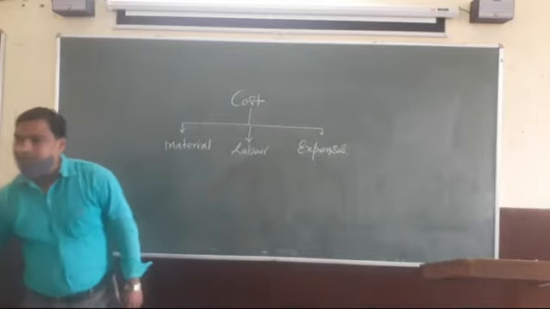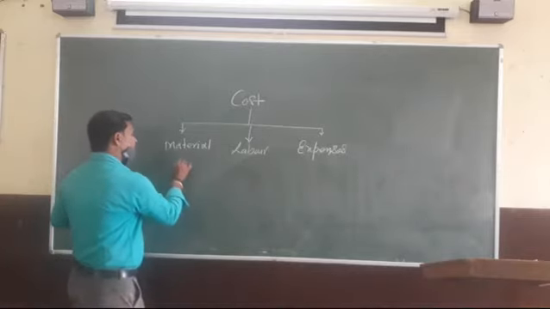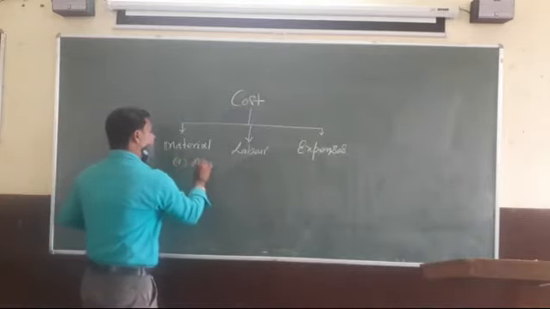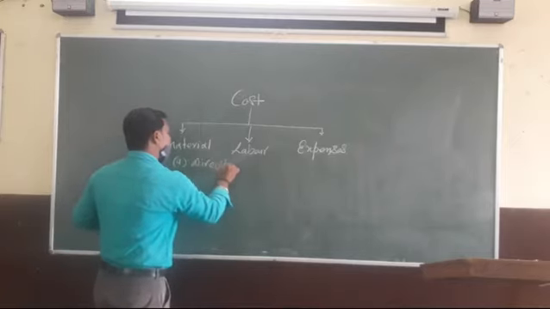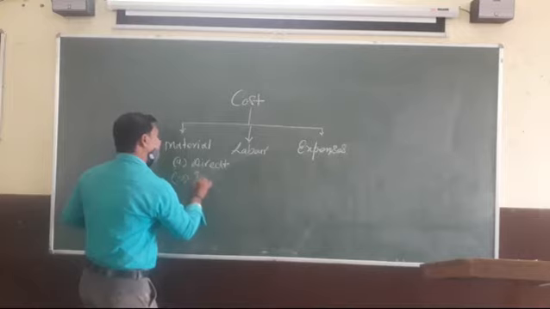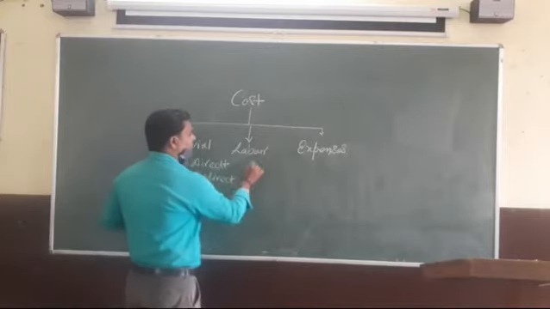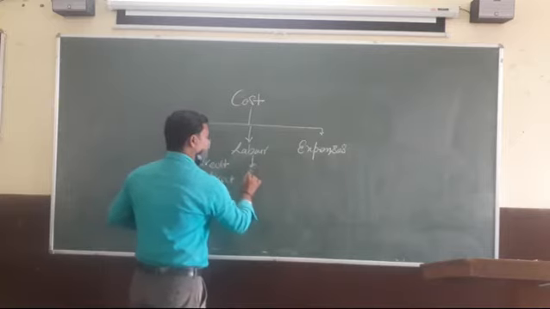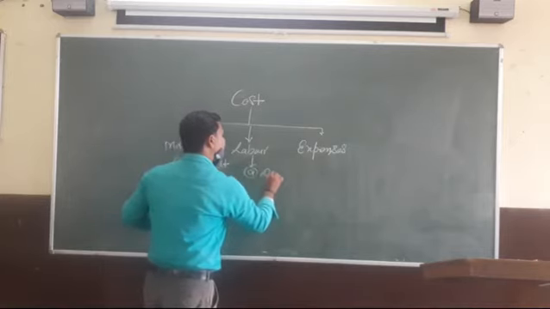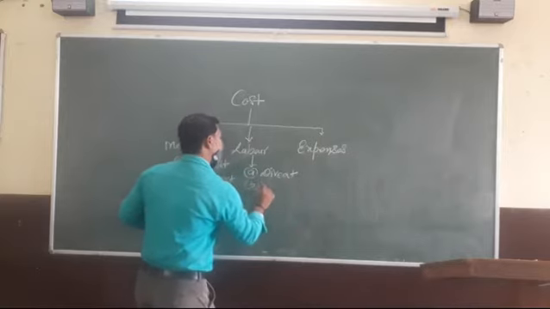Okay, so there are two types of material: direct material, indirect material. Labor: direct labor, indirect labor.